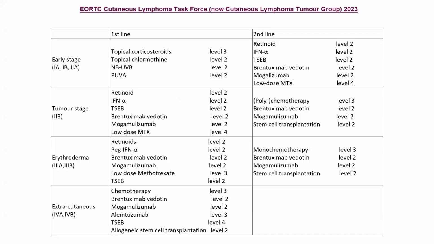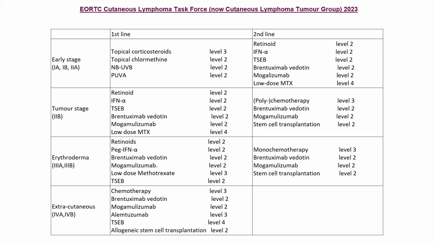When it comes to the management of cutaneous T-cell lymphoma, treatment is facility dependent, and we use a combination of topical and systemic treatments. The Cutaneous Lymphoma Tumor Group developed a European consensus on the treatment of mycosis fungoides and Sezary syndrome by stage. And you can see this table of first and second line treatment with their levels of evidence next to them.